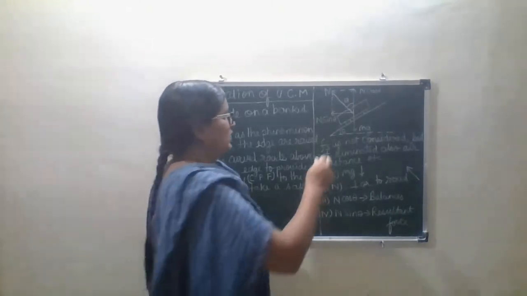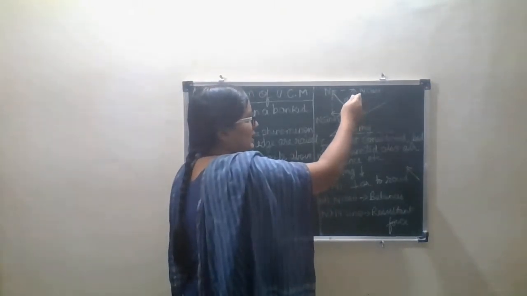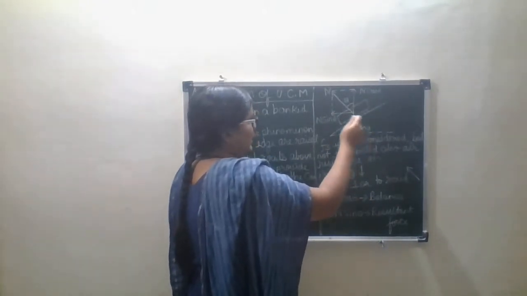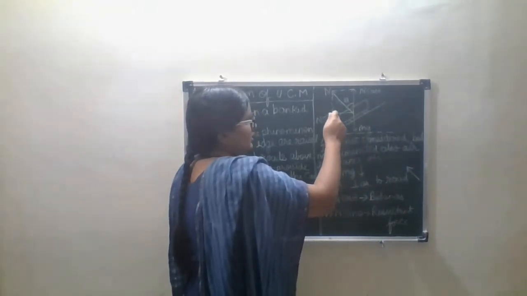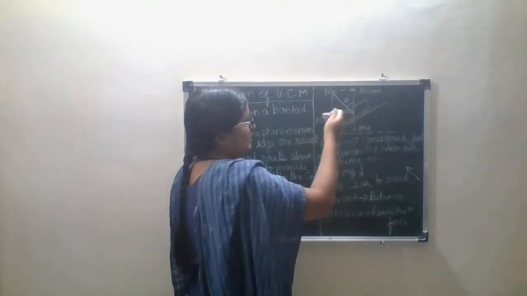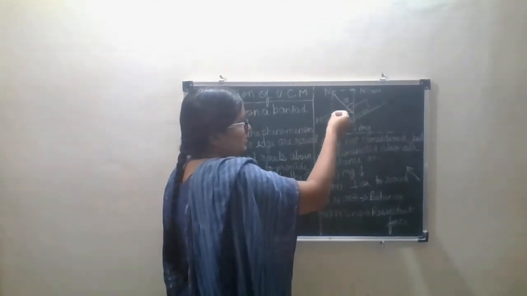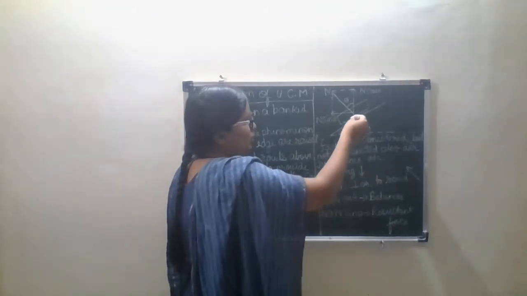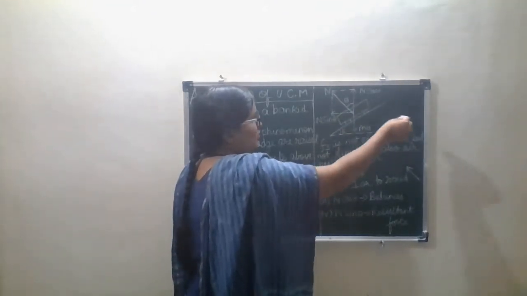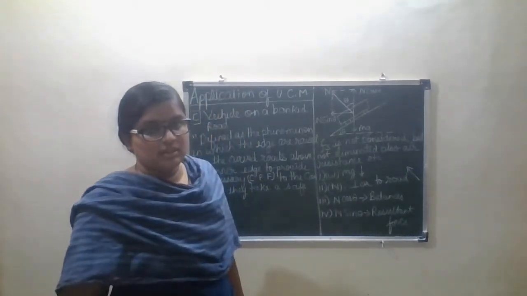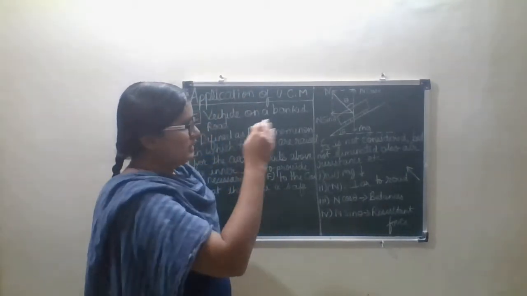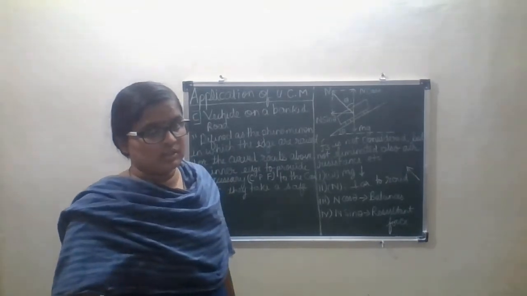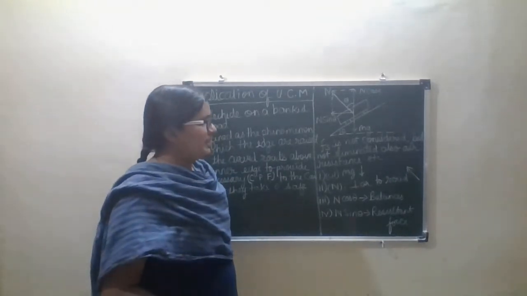So N cos theta balances the force mg, and N sin theta is acting like a centripetal force, meaning inward. This centripetal force balances the centrifugal force, which is directed outwards to the car or vehicle.